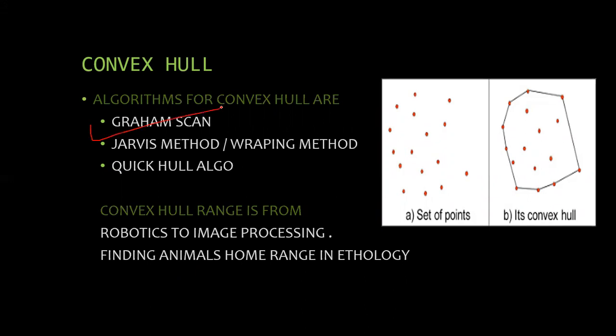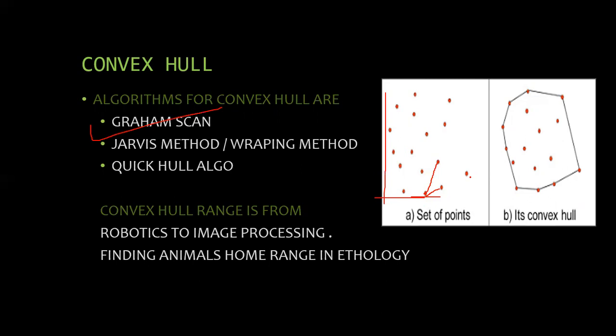Let me quickly go through the Graham scan algorithm. If we have this many points, we first select the lowest y coordinate. Suppose this is the x coordinate and this is the y coordinate. We select the lowest point on the y coordinate. Now, connect the remaining points and measure the angle made by them.